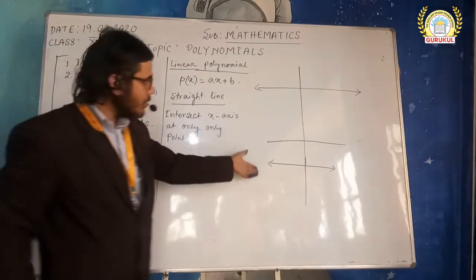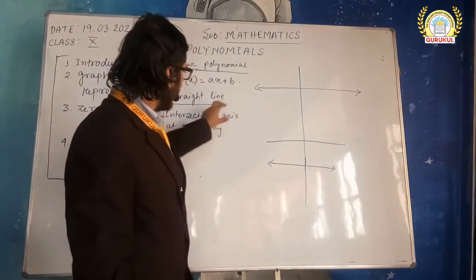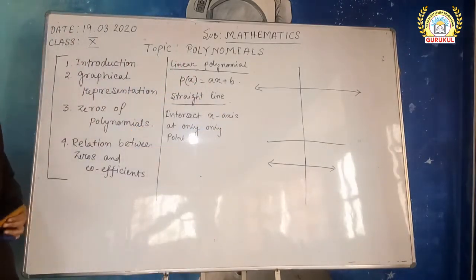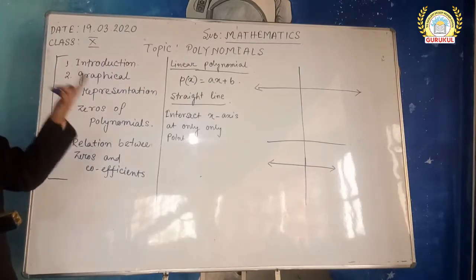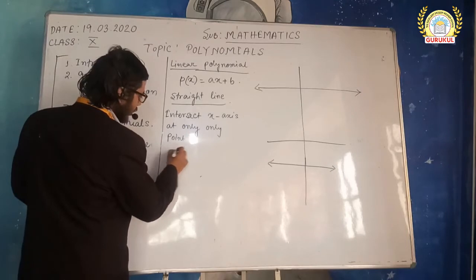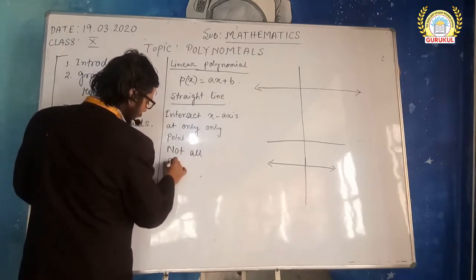But in this case, you can see that these lines are not going to intersect the x-axis. So that means there exist some straight lines or some linear polynomials which don't have any intersecting point on the x-axis. So you also need to know about it. So I am going to write: not all straight lines.